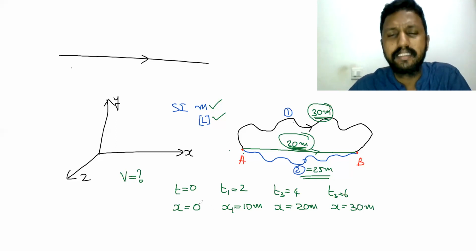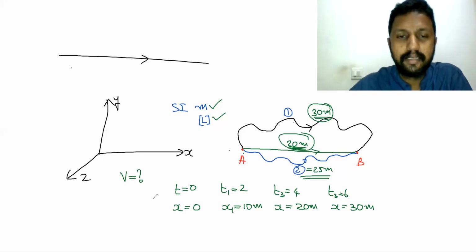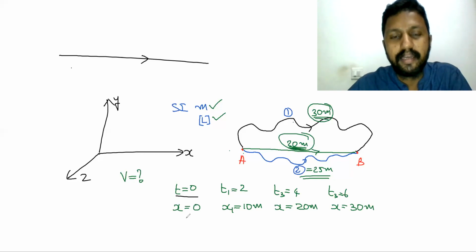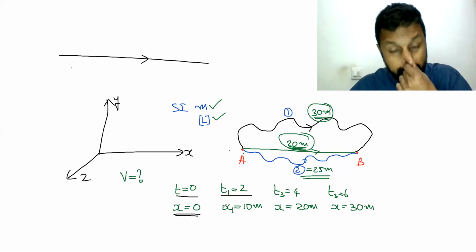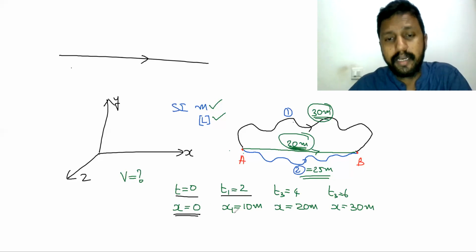If we are analyzing a substance's motion, at the initial time the substance has a position of x is equal to 0. After 2 seconds from the initial time, we have the position of the substance at 10 meter.